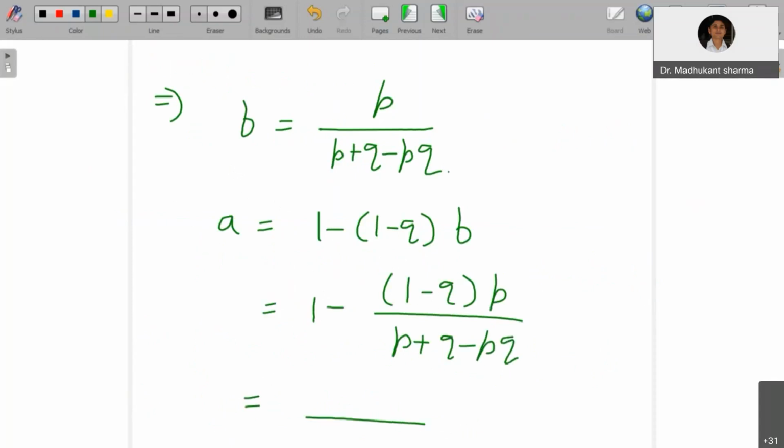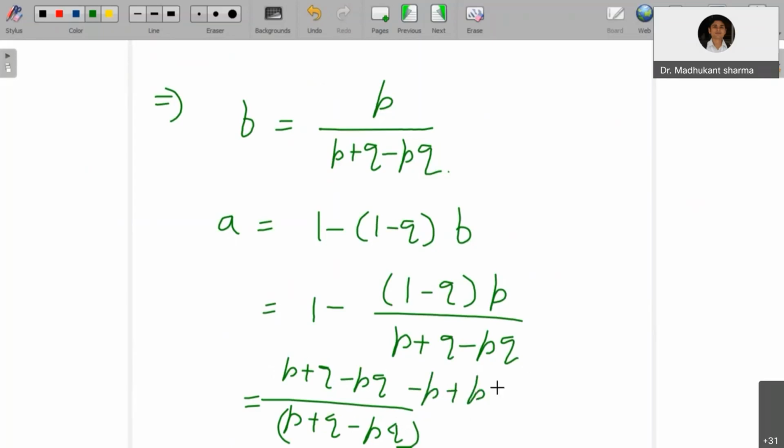Now you can take this LCM, p plus q minus pq. So you have p plus q minus pq minus p plus pq. So pq will get cancelled, p will get cancelled. So what you will have is q divided by p plus q minus pq.